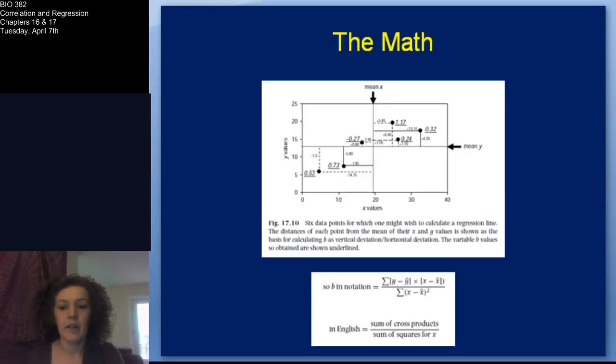Okay. So let's talk about the math here a little bit. I'm not going to spend a lot of time harping on this because the main point in this intro stats course is just for you to understand what regression is doing and when to use it and how to interpret it. The same with correlation. Okay, but this is showing you data points from which you might calculate a regression line.